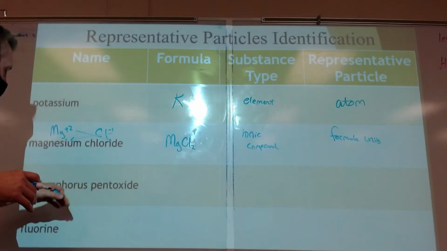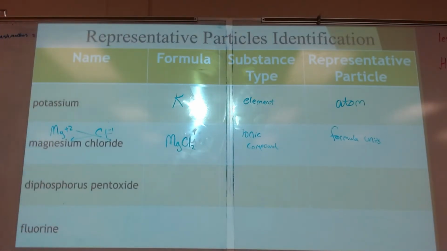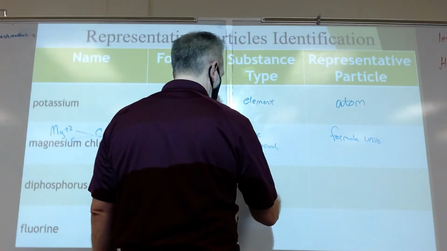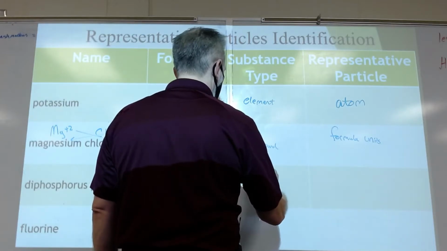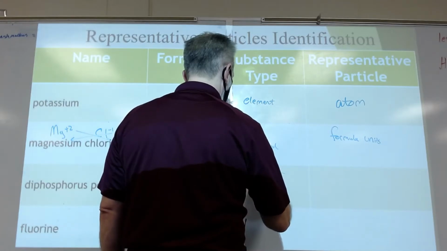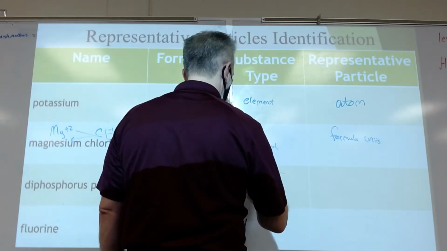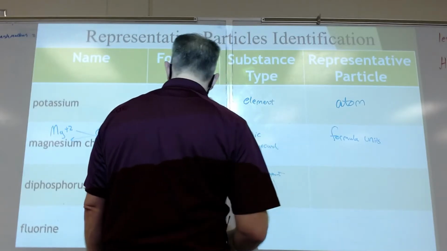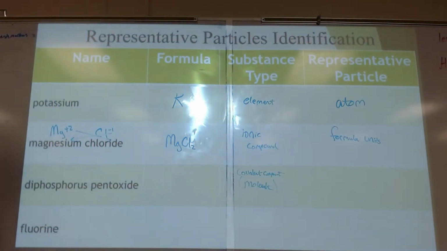Okay, let's look at diphosphorous pentoxide. What kind of compound is that? It's going to be covalent. This is going to be a covalent compound, and we call that a molecule. Molecule is what we're looking for. What is the formula for diphosphorous pentoxide? P2.